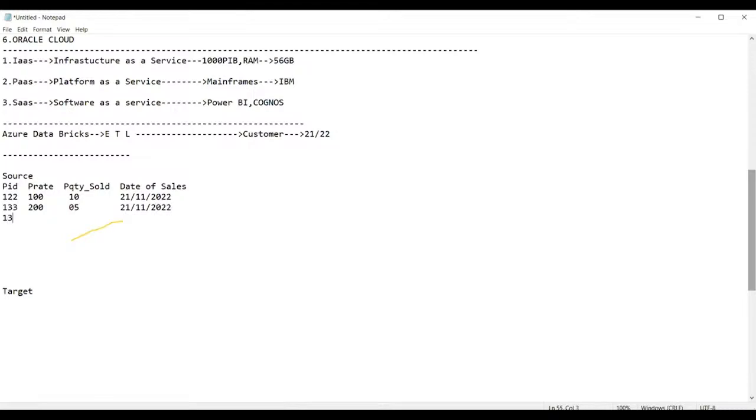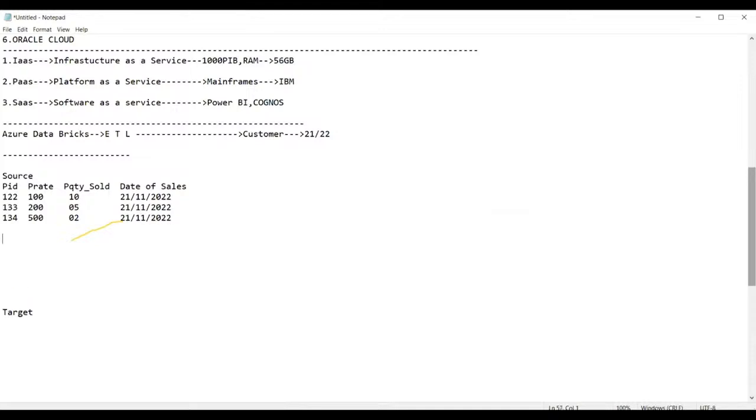And then another with 500, 02, and 21/11/2022.